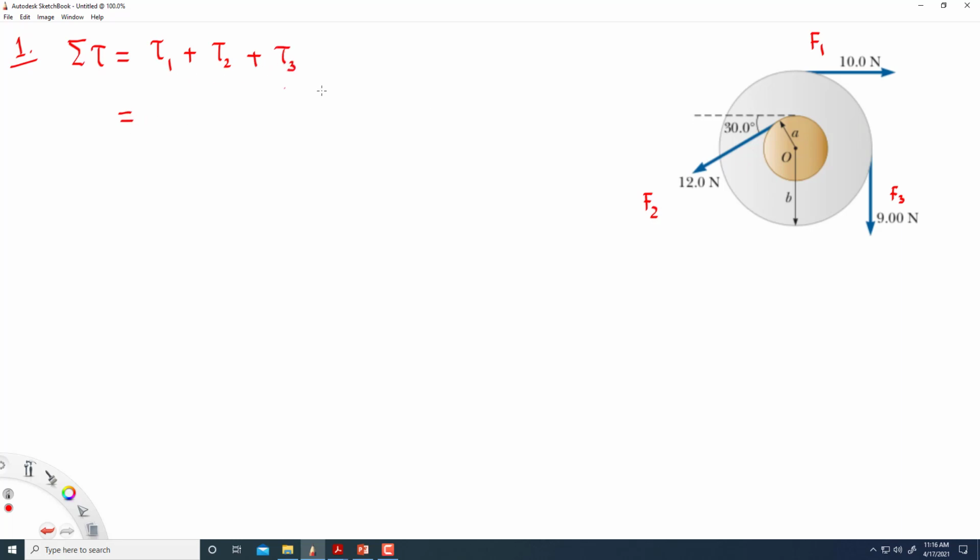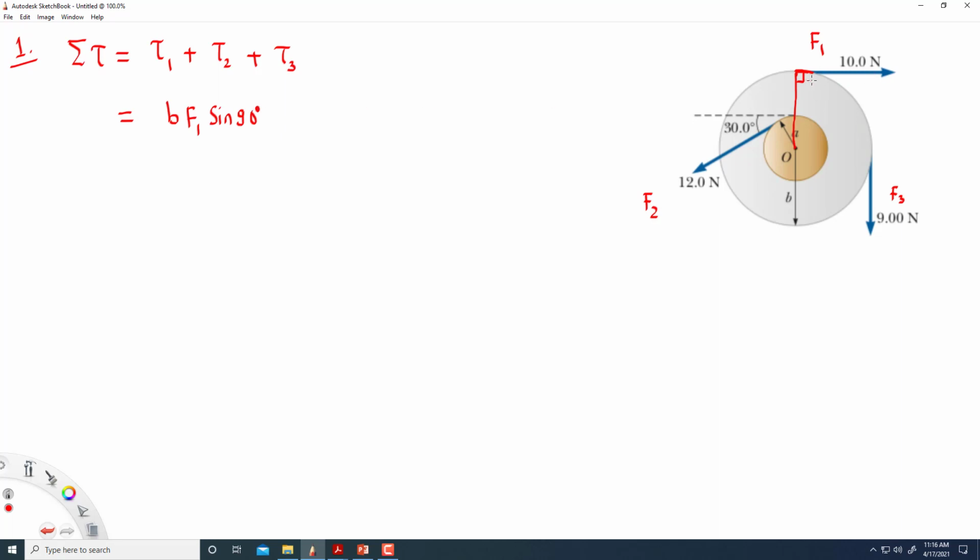So for the force F1, the force is applied on the circumference, and the distance from the center to the circumference, this distance, is this big radius, which is B, okay, and then the force is F1, and sine of the angle between this distance and the force, which is 90 degrees.